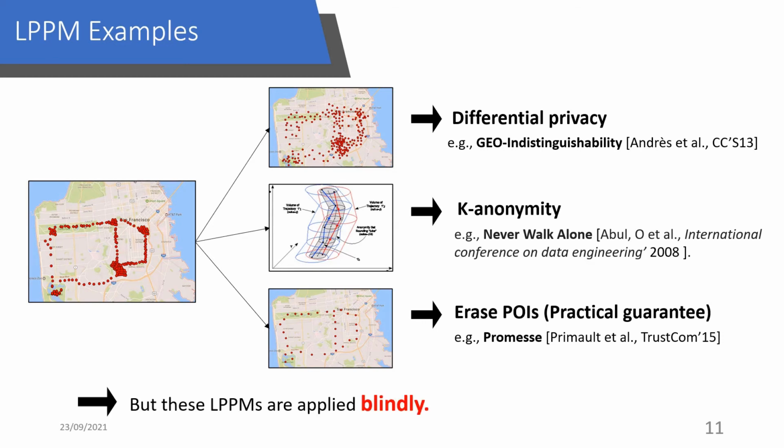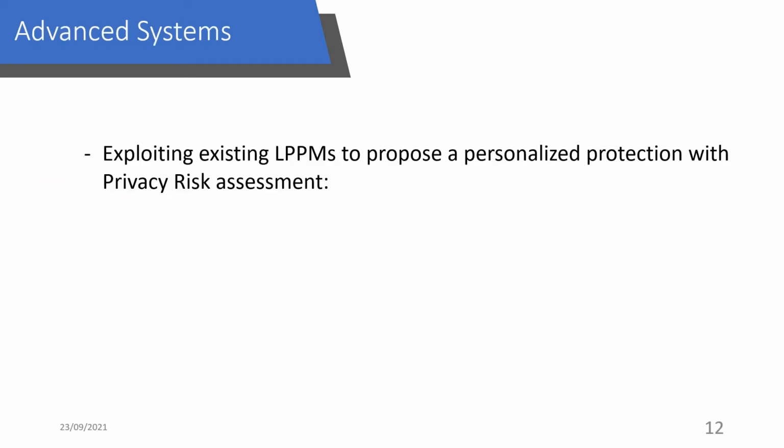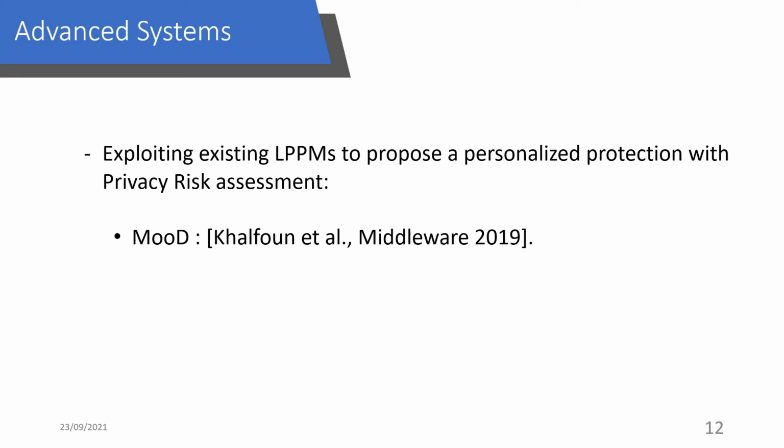However, these LPPMs are applied blindly and released without any prior privacy risk assessment. That's why more advanced systems propose personalized protection by exploiting existing LPPMs and by including the privacy risk assessment before sharing the data. For example, MooD, which combines off-the-shelf LPPMs and evaluates the resulting data with multiple re-identification attacks.